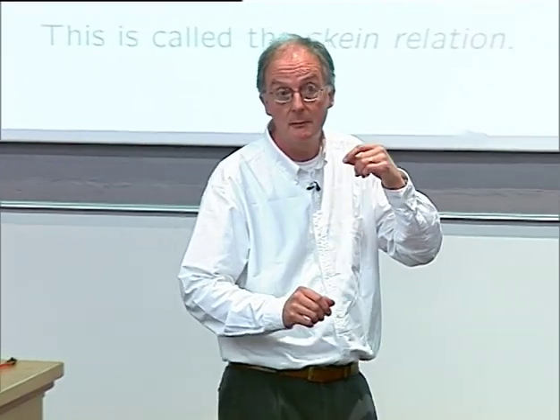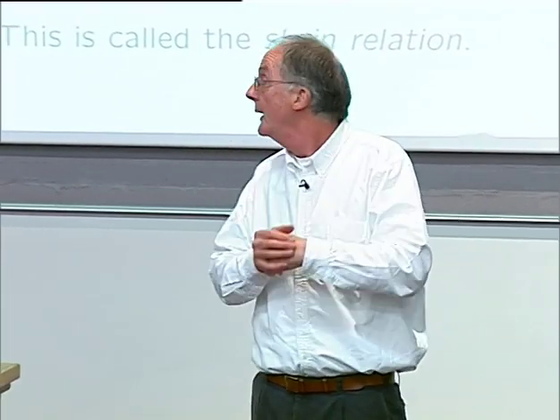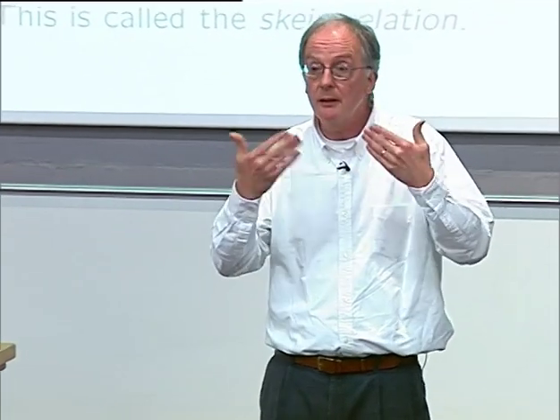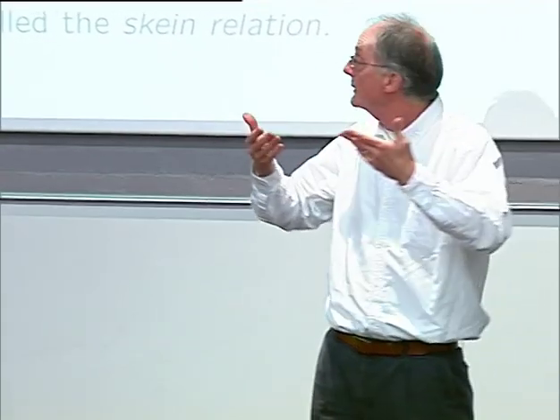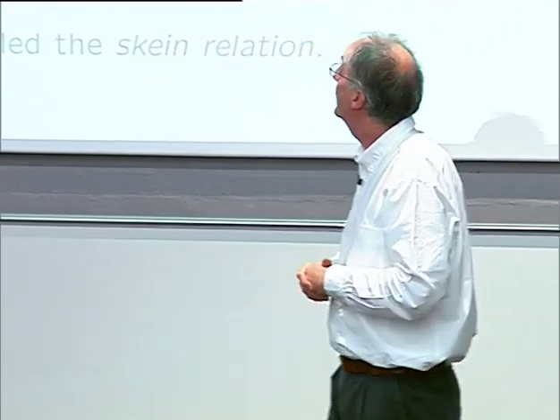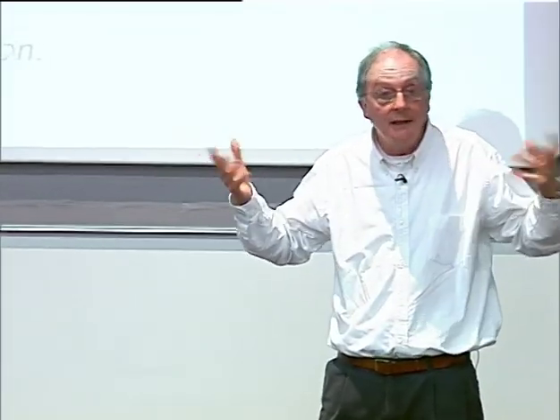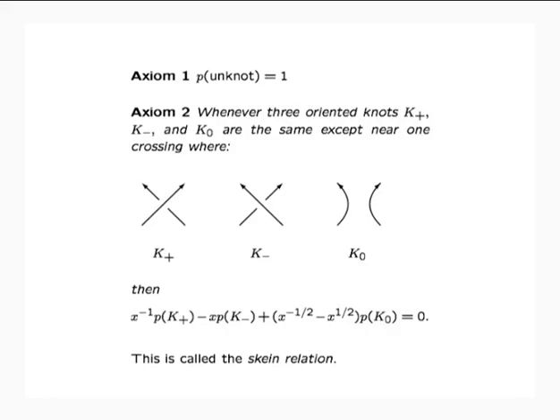It's called the Jones polynomial, and we're going to build it up in what's called a recursive way. It's a little bit like using mathematical induction. We build up from simple knots and show how to calculate this polynomial for any knot. So for our first axiom, P is the polynomial, okay?